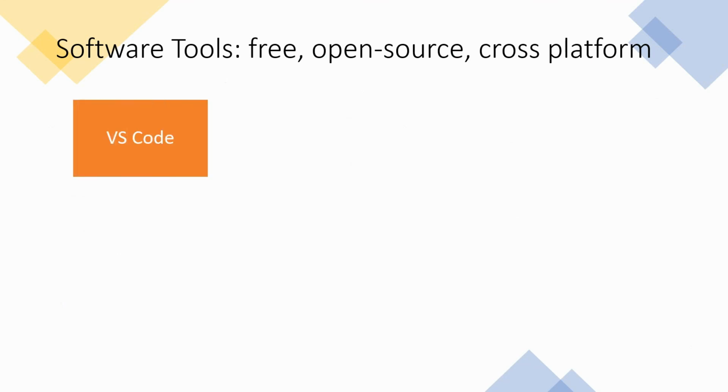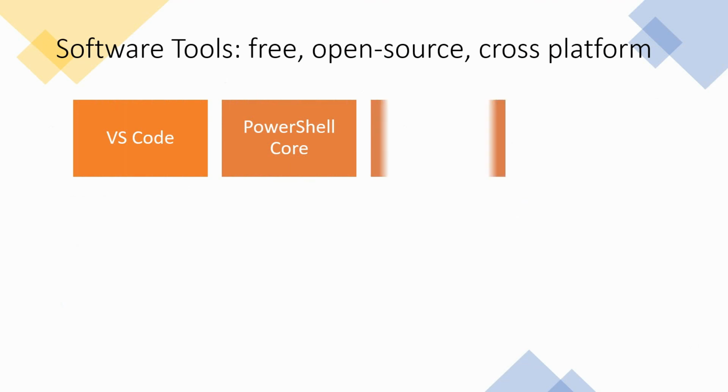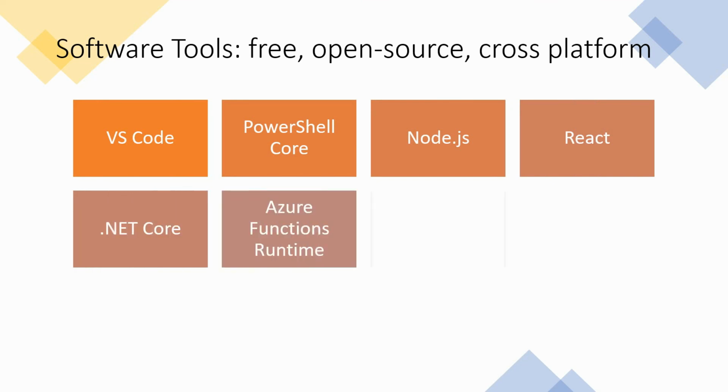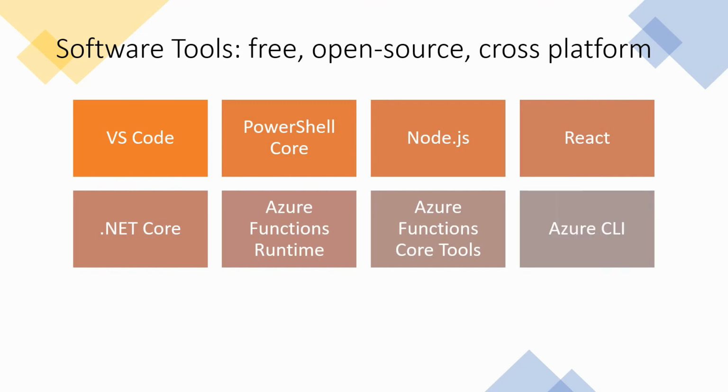Visual Studio Code as a code editor, PowerShell Core as a command line shell, Node.js and React for the front-end development, .NET Core, Azure Functions Runtime, and Azure Functions Core Tools for the backend, Azure Command Line Interface to provision Azure resources, Docker to containerize the backend service. Also, I use C# to write the backend Azure Functions. Other languages such as Python, Java, JavaScript are well supported by Azure Functions too.